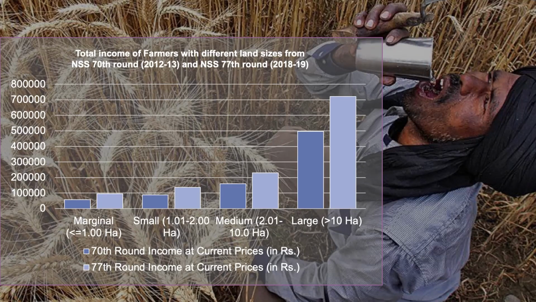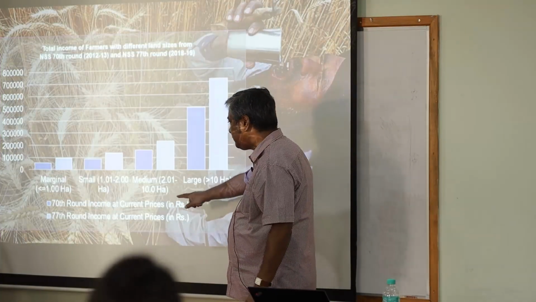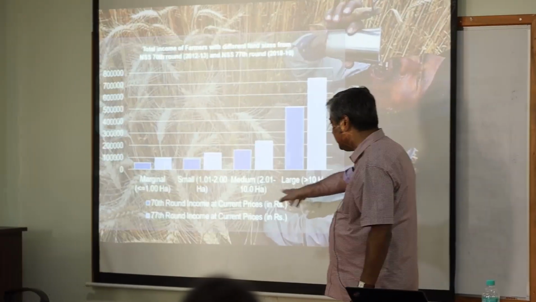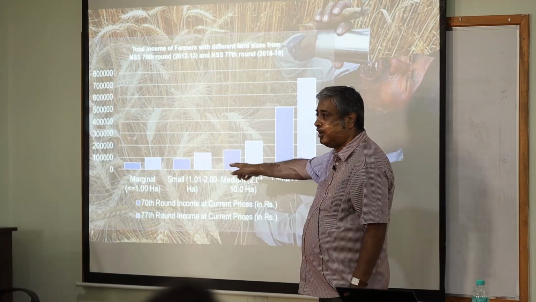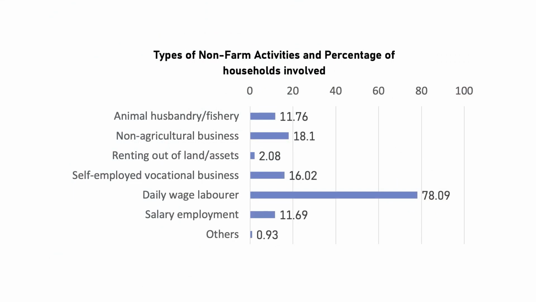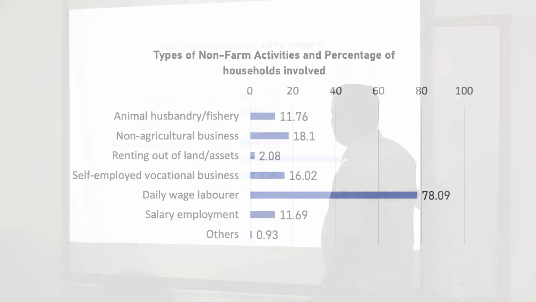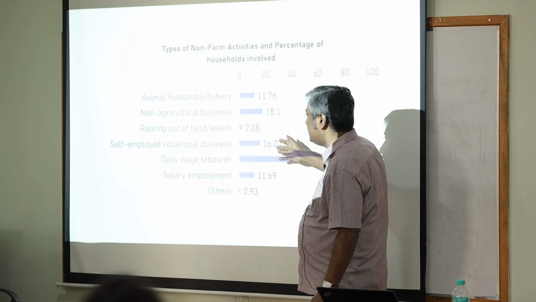Only the bigger ones among the marginal farmers have significantly gained in incomes over the last 2 agricultural surveys, right? But the smaller ones have hardly had any income whatsoever. What is more interesting is that if you're farming, but nearly 80% of you also have to do wage labor, then that means you're not earning much from farming, right? You're doing animal husbandry, non-agricultural business, vocational business.